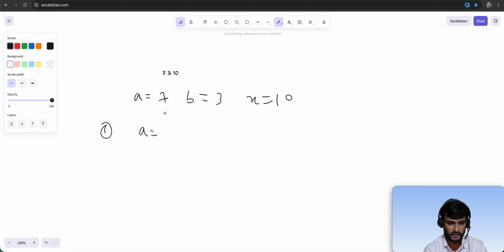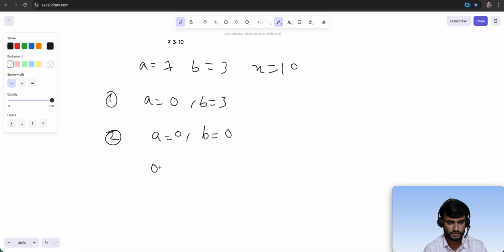When you divide 7 by 10, rounding down, the value is 0, and b stays as it is. Also apply the divide operation on b. If you divide 3 by 10, rounding down, it becomes 0. So here you see that after two operations you are able to make a and b 0. So the total number of operations you applied is 2, and this should be our answer.